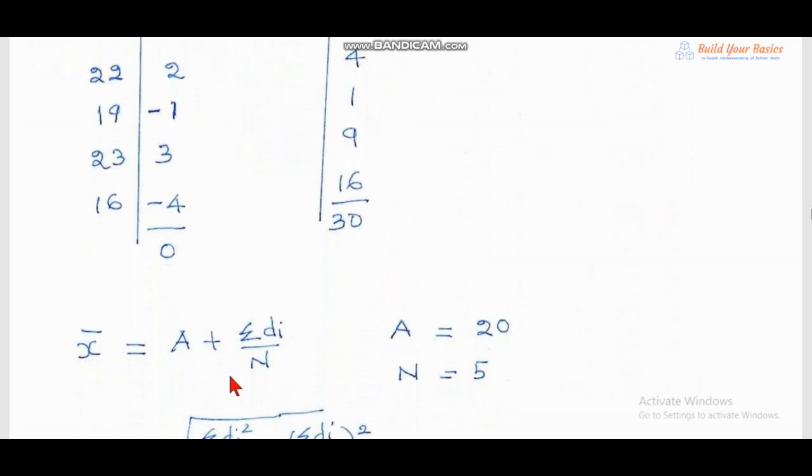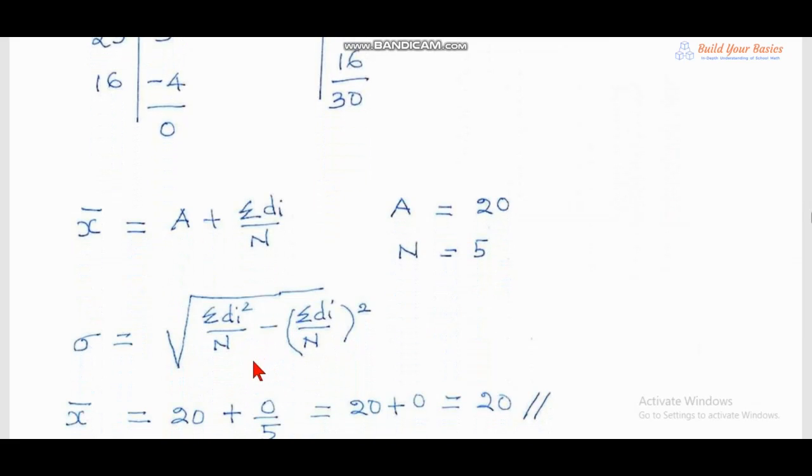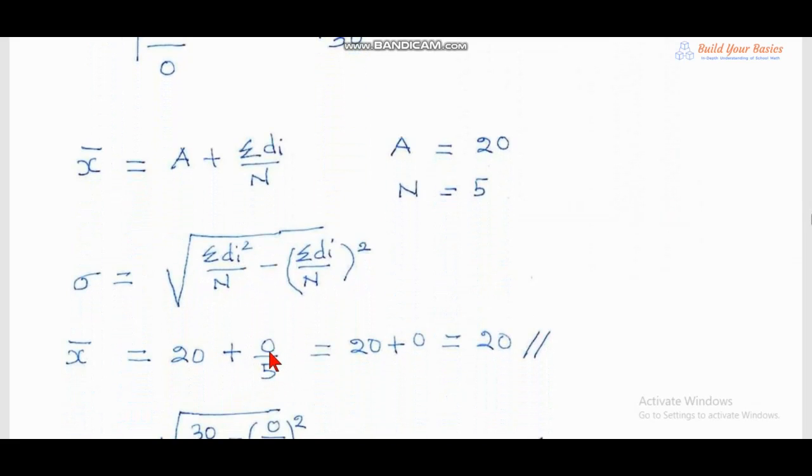First the mean: X bar equals A, the assumed mean, plus sigma Di by N. That is 20 plus 0, sigma Di is 0, by number of observations N is 5, that is 20 plus 0, that is 20.